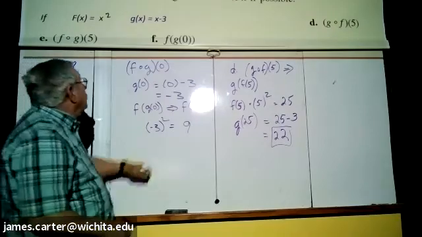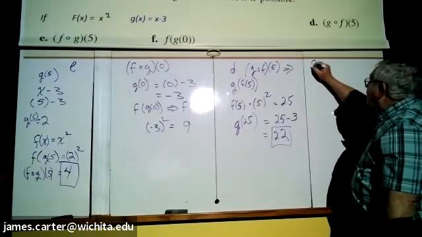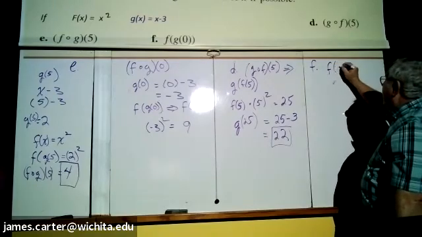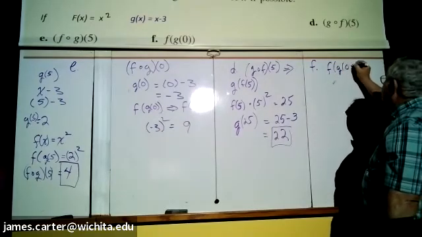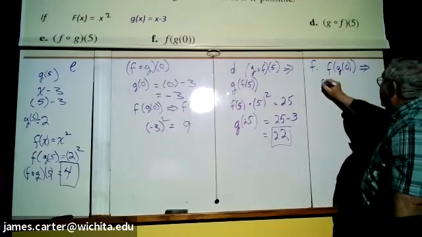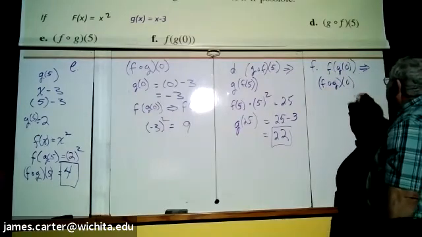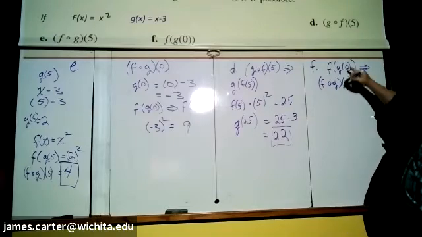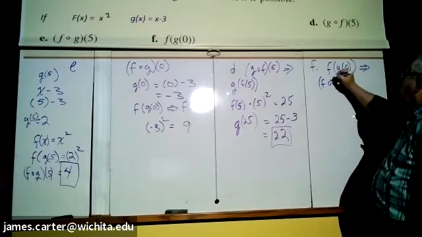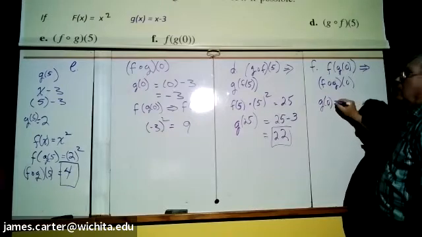We'll go ahead and do numbers, problem F, which is F of G of 0, which is the same thing as F composed G of 0. Okay, these two are interchangeable. Now, let's start working this problem. First, let's find G of 0.